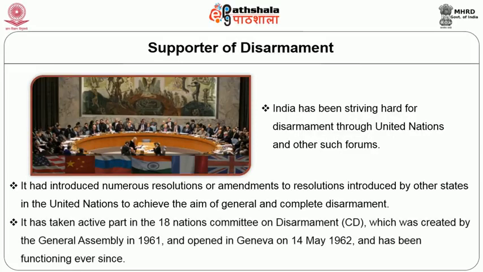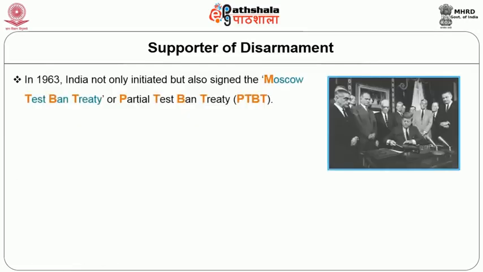It has taken active part in the 18 Nations Committee on Disarmament, which was created by the General Assembly in 1961 and opened in Geneva on 14th May 1962 and has been functioning ever since. In 1963, India not only initiated but also signed the Moscow Test Ban Treaty, or Partial Test Ban Treaty.